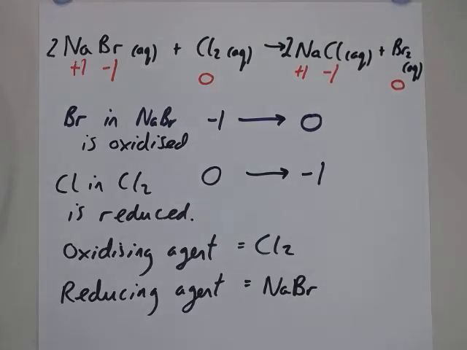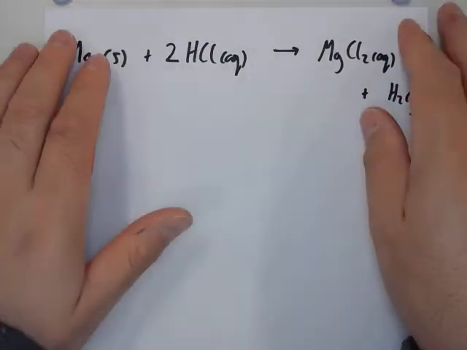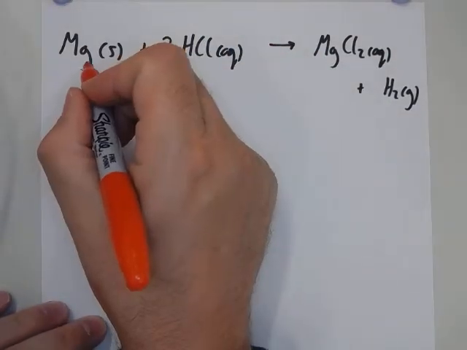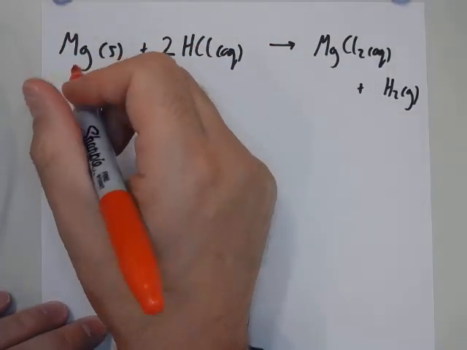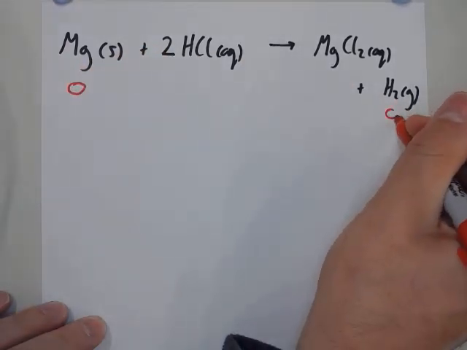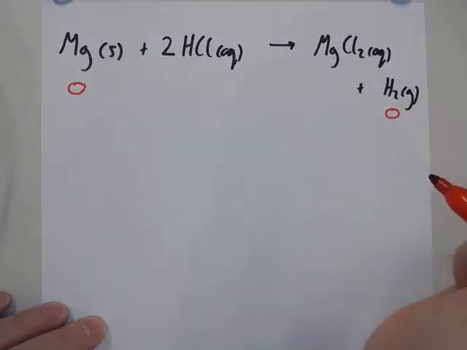Let's look at another example. Okay, so going to assign oxidation numbers. Keep your eyes out for things that are changing. Look out for elements. The biggest mistake is to call the magnesium +2, but it's not +2, is it? It's 0 because it's an element. The hydrogen is in elemental form, 0. Okay.